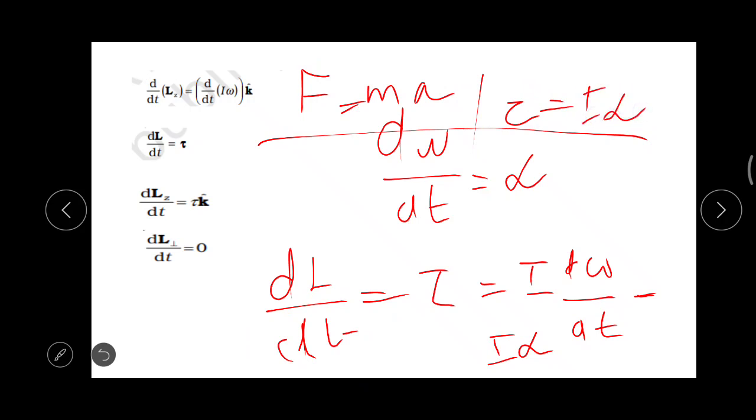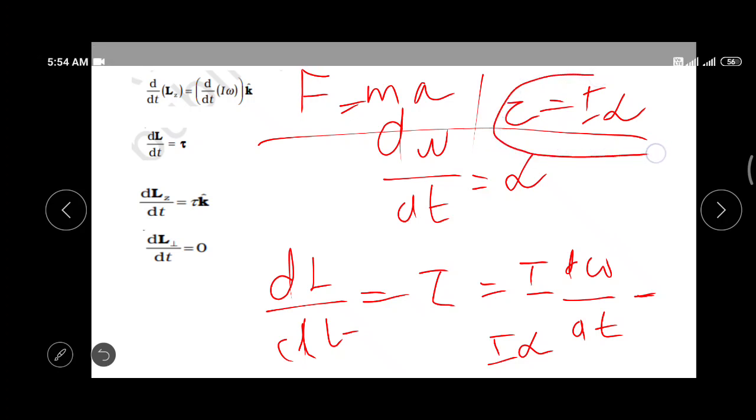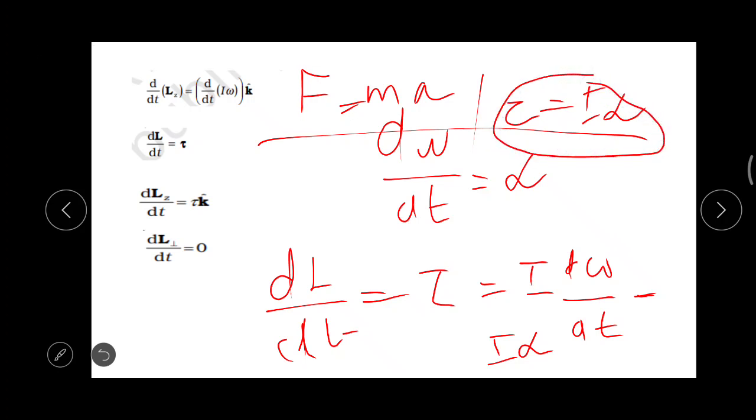Torque is the analog of force in angular motion as well, I and m, alpha and a. So this is the analog of Newton's second law of motion for rotational motion, that is, tau is equal to I alpha. So dL by dt is equal to torque, and the torque value is equal to I alpha.